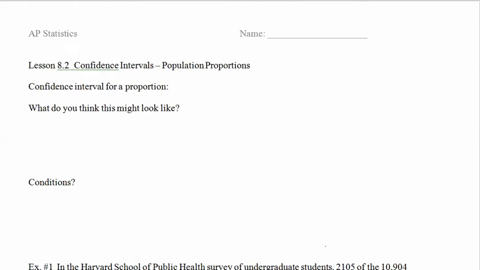Hello, today we are looking at confidence intervals for population proportions. What I'd like to do first is to have you recall what we know about sampling distributions for proportions.